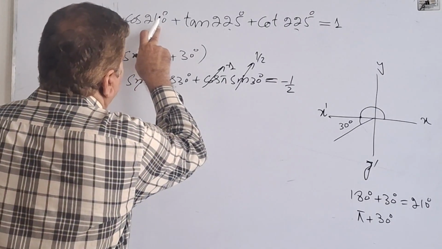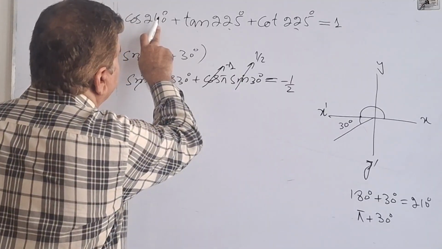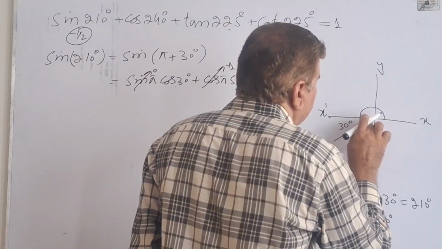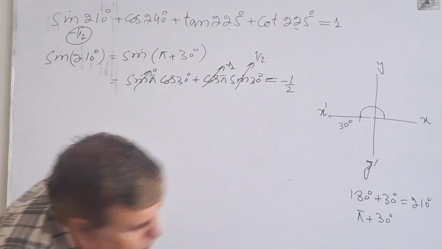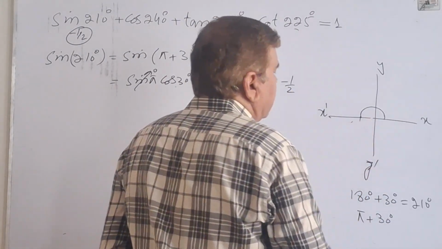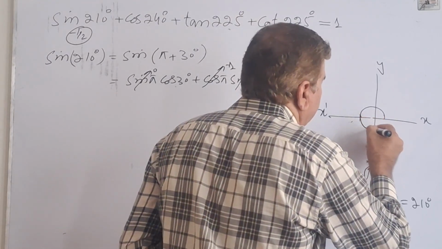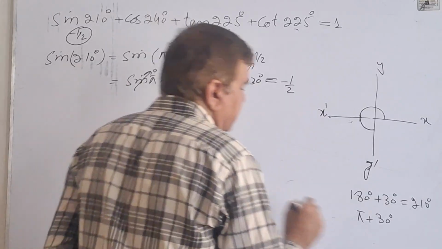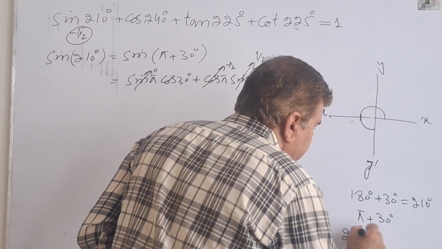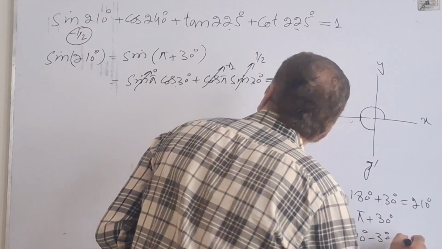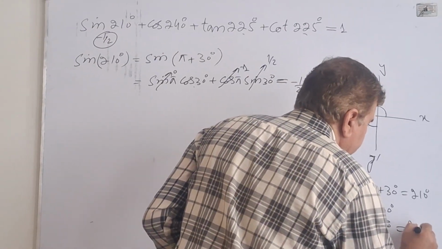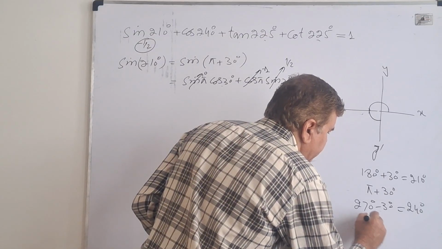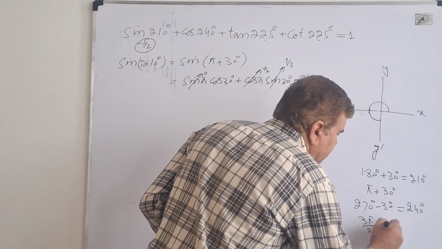Now I want to locate the position of 240. Since 240 is less than 270, if I start moving from here to this point it is 270, and 270 degrees minus 30 degrees is equal to 240 degrees. So I can write 240 degrees as 3 pi by 2 minus 30 degrees.